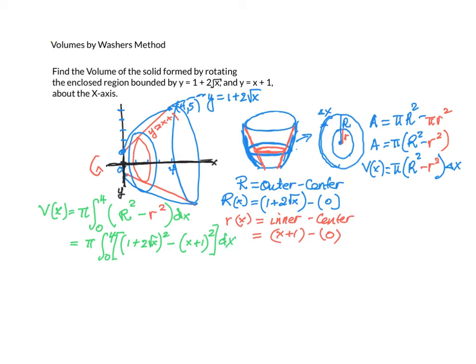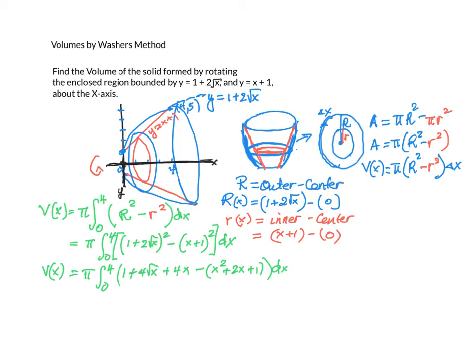Now, we have volume equals, let's just multiply everything out, the integral from 0 to 4 of 1 plus 4 square root of x plus 4x minus x squared plus 2x plus 1, times dx.